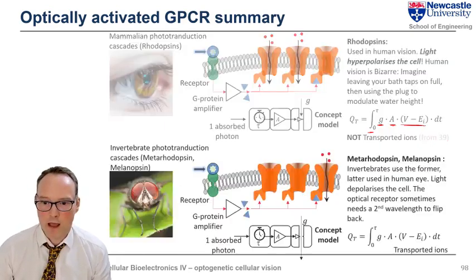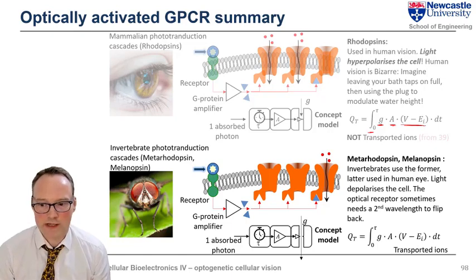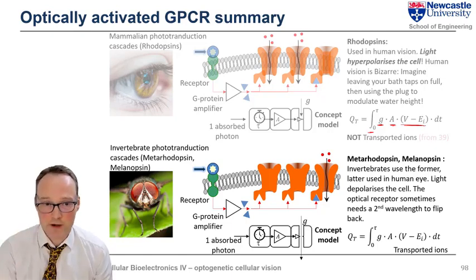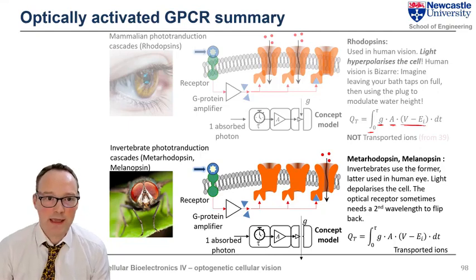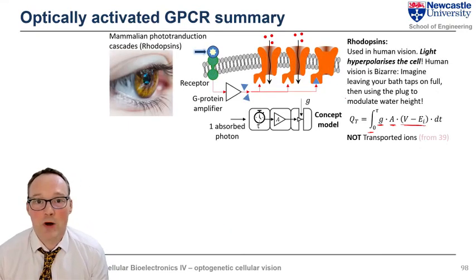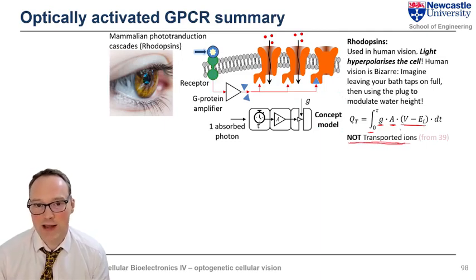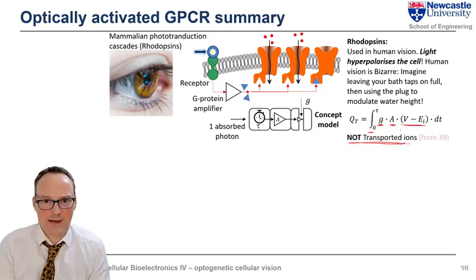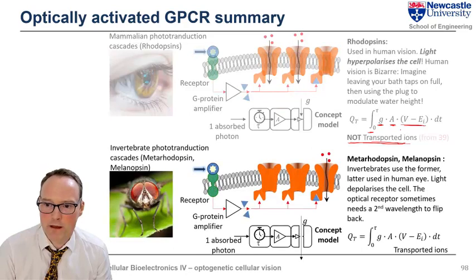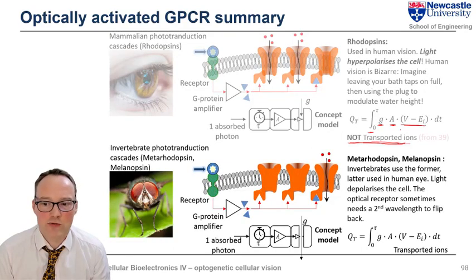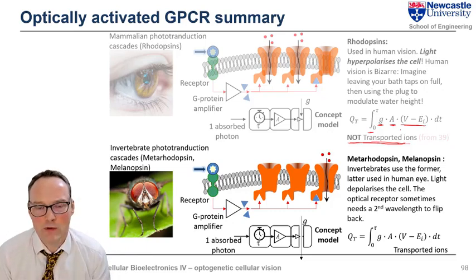And in the metarhodopsin case, it's basically the same. The difference between them is that in the case of rhodopsins, what we're adding up is the not-transported ions, and in essence then the cell can be hyperpolarized. And in the metarhodopsin case, it is just the transported ions which help depolarize the cell.